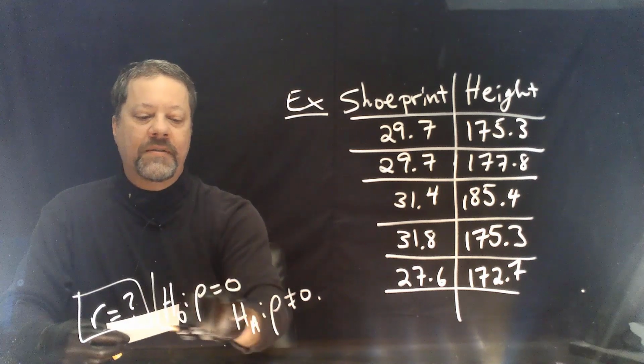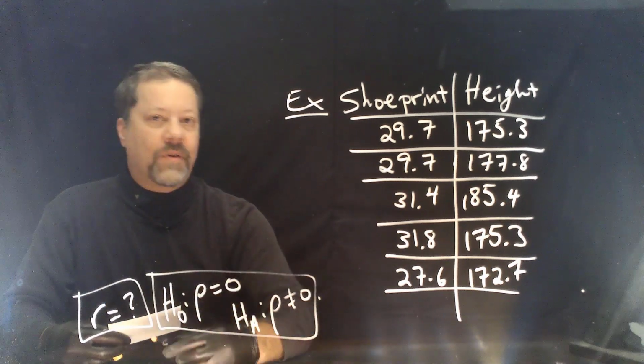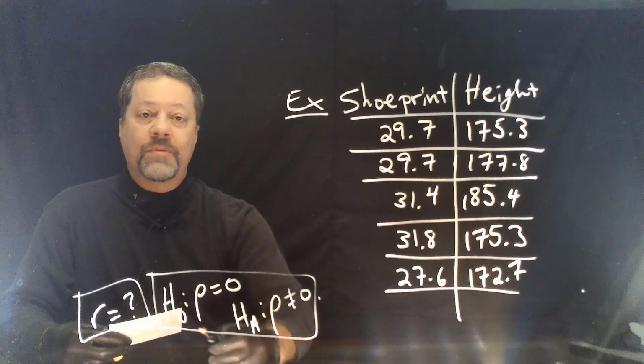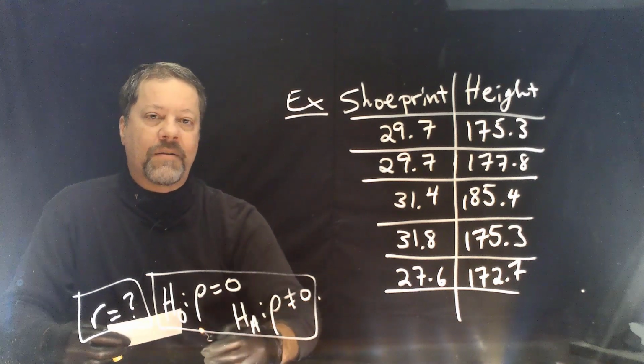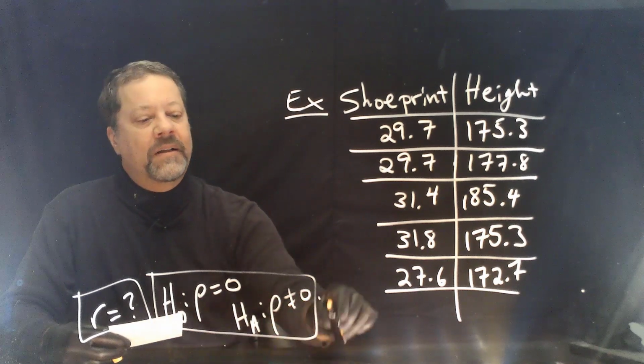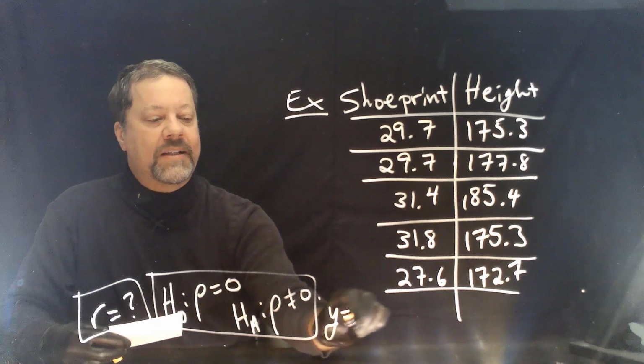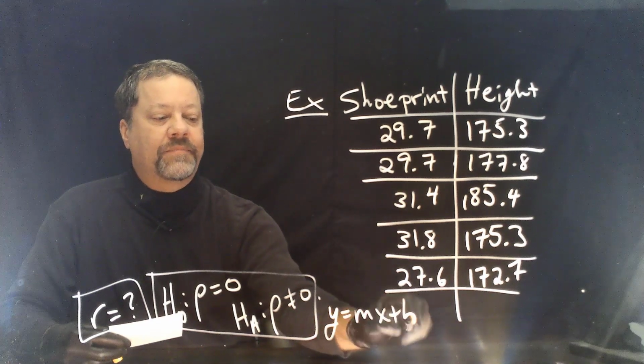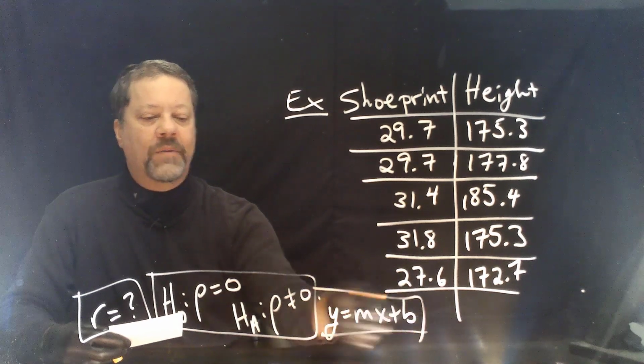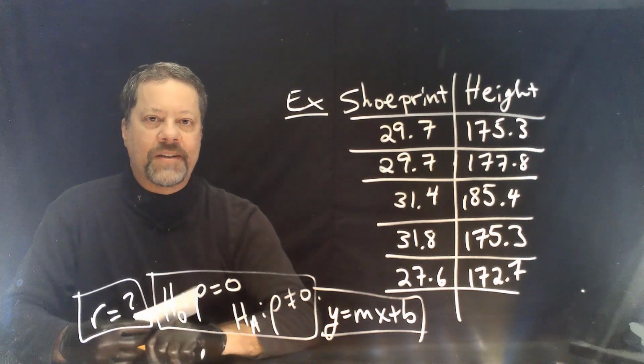So first, we'll calculate the correlation coefficient. Second, we'll perform a hypothesis test on whether or not there is a linear relationship. And third, I want to know the least squares line of best fit. And we'll use technology to do all of these things.